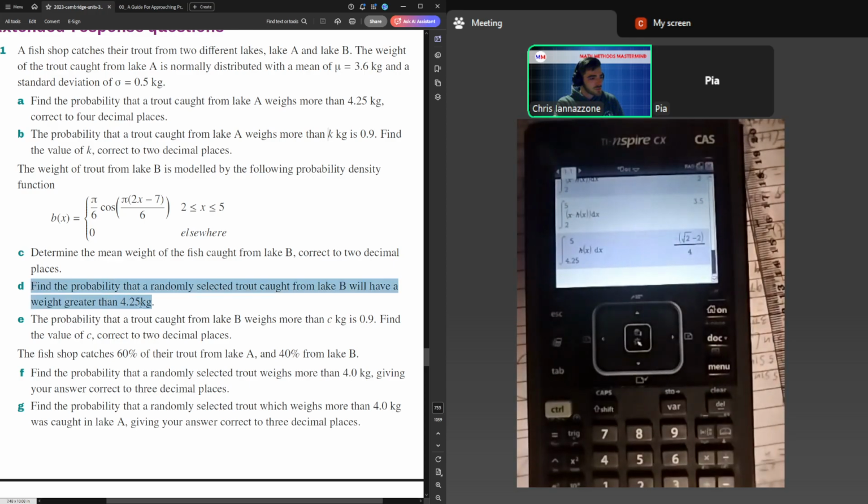Like, I can notice the phrasing of D is the same as the phrasing of A. In fact, I think they're only differing by a single letter, B instead of A. Oh, randomly selected. So they're basically the same question, is what I'm getting at. You solve one in the normal distribution way, you solve one in the continuous distribution way. Similar thing here. Part E, no, maybe I shouldn't have said that. What is E similar to?